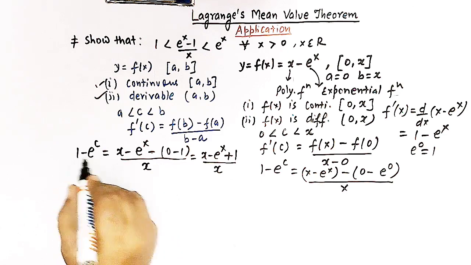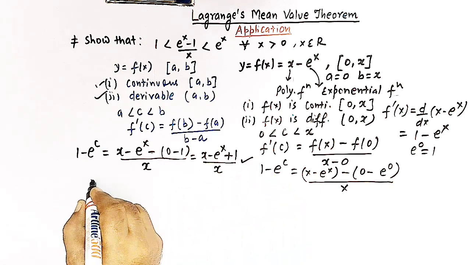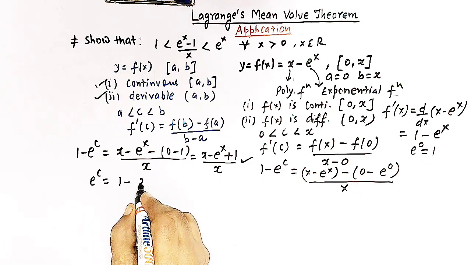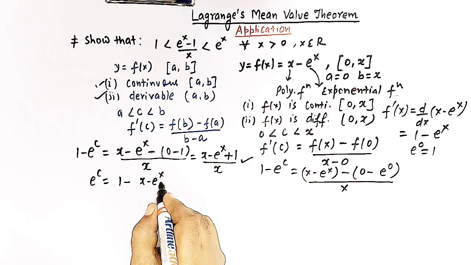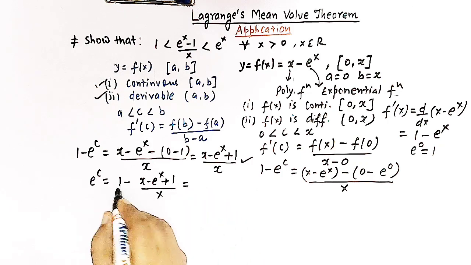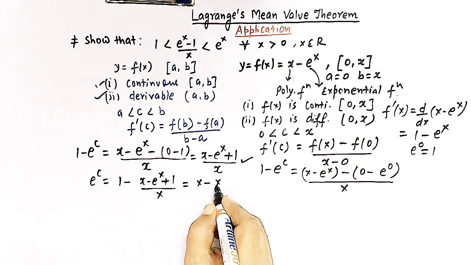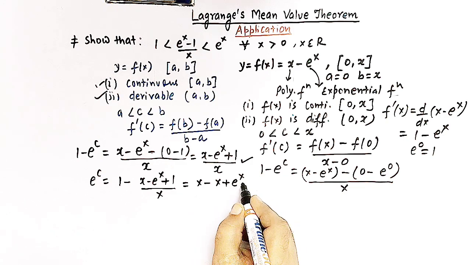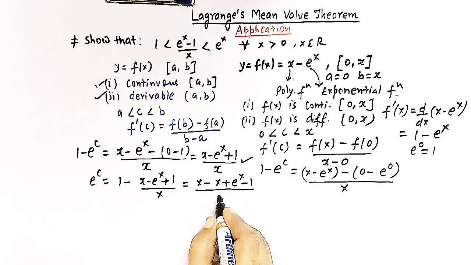So we can rewrite this equation as e raised to c is equal to 1 minus x minus e raised to x plus 1 over x. So we can now write x minus, here we have positive e raised to x minus 1 over x.